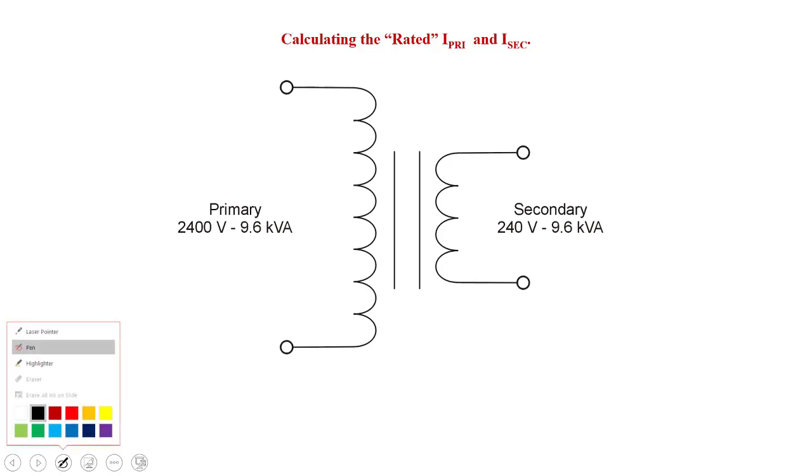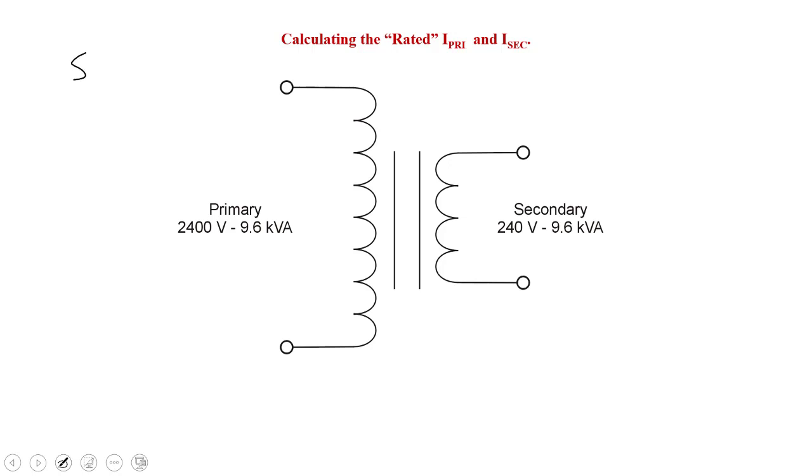So if we call back the apparent power formula, S, which is VA, right? That is your VA is equal to E times I. So we're just going to transpose this to figure out the current of the primary. So the I of the primary is equal to the apparent power rating of the transformer. So this is rated current that we're figuring out.